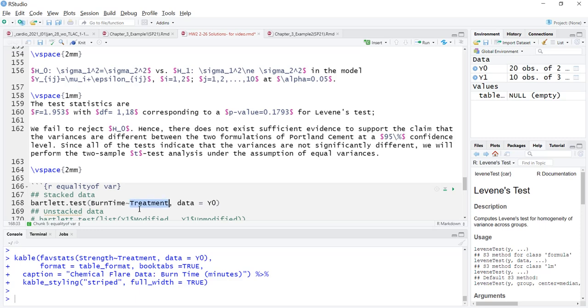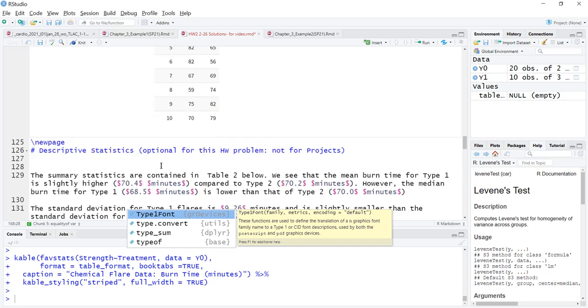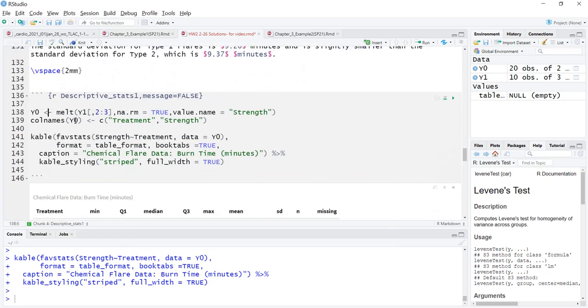Now I don't remember us melting the data, so there has to be, okay, so here's the data melt for the descriptive statistics, and I need to change this to burn time, and then instead of treatment, I'm going to say type, and then this becomes burn time.